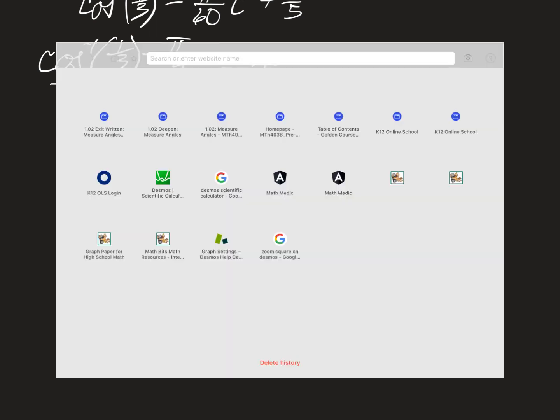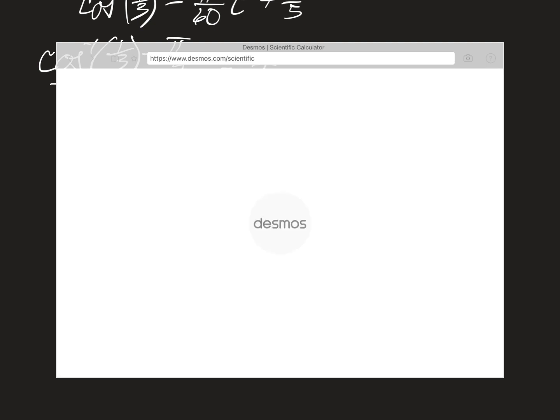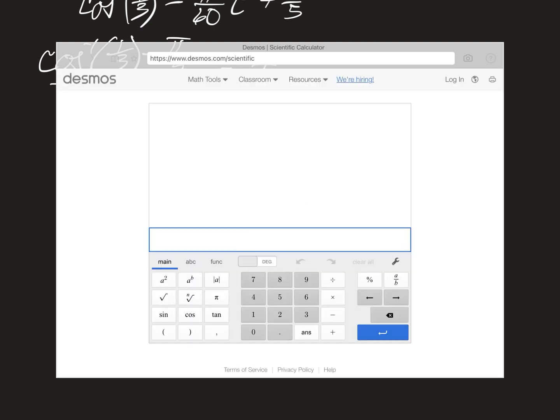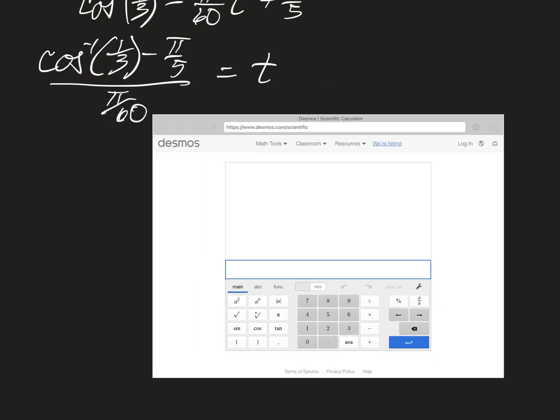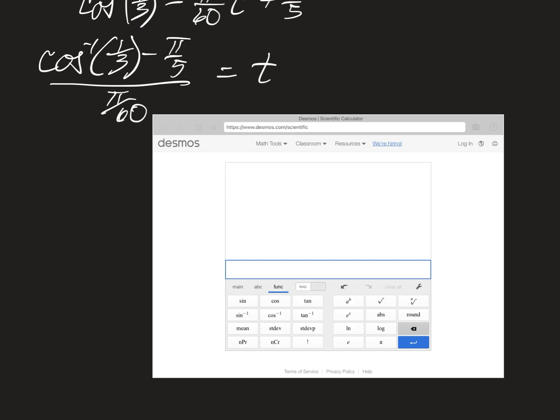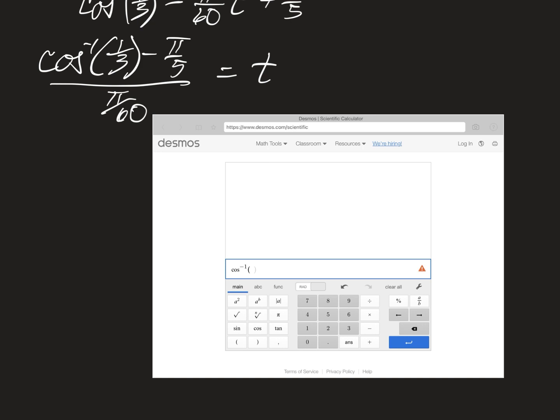All right? And so I'll just do that right here. We'll do the Desmos calculator again. And let me shrink this down just a bit so we can see what we're entering. And we're going to go ahead and do inverse cosine. Now, this time I'm going to switch it to radians, okay? So I go to function, I do inverse cosine of 1/3.